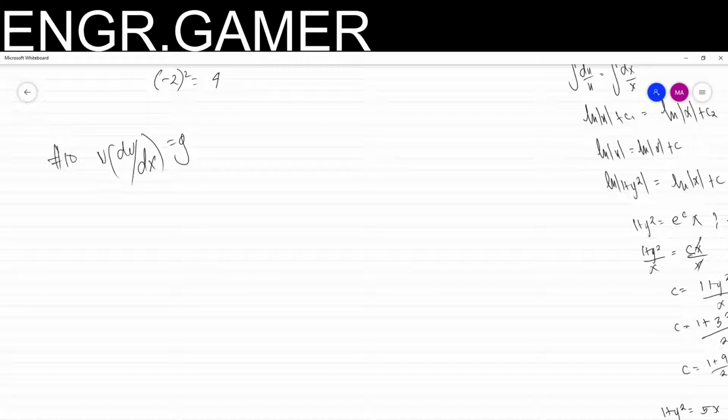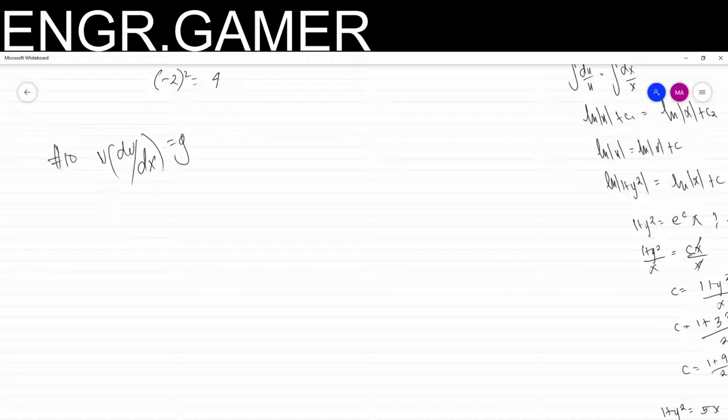Okay? The acceleration, change of velocity over... okay. Separate natin lahat ng v nasa left side, lahat ng x nasa right side.